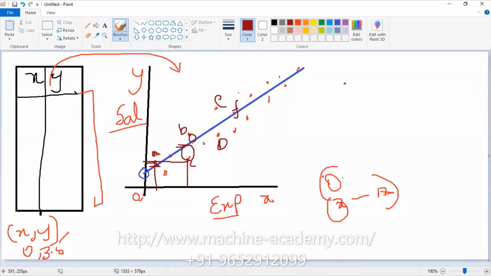How do I know that this particular person needs to get justified? How did I get this particular linear line? This linear line comes from mean values, mean values of x and y.